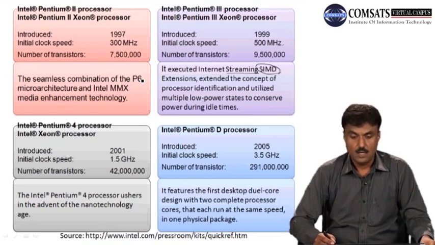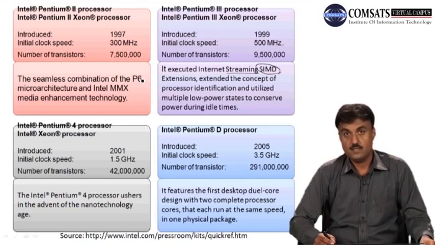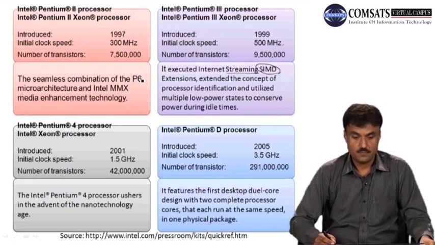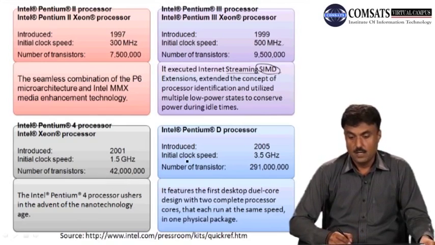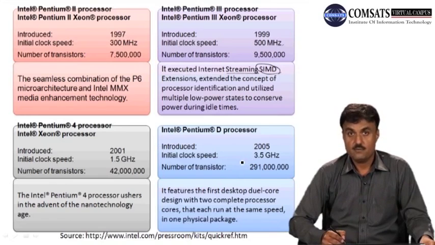As we know, it was one of the fastest processors in 2001, 2 and 3, in Pakistan also. After the Pentium 4, the Intel Pentium D processor was introduced in 2005. Its clock speed was 3.5 gigahertz, and 291 million transistors were used in this microprocessor.